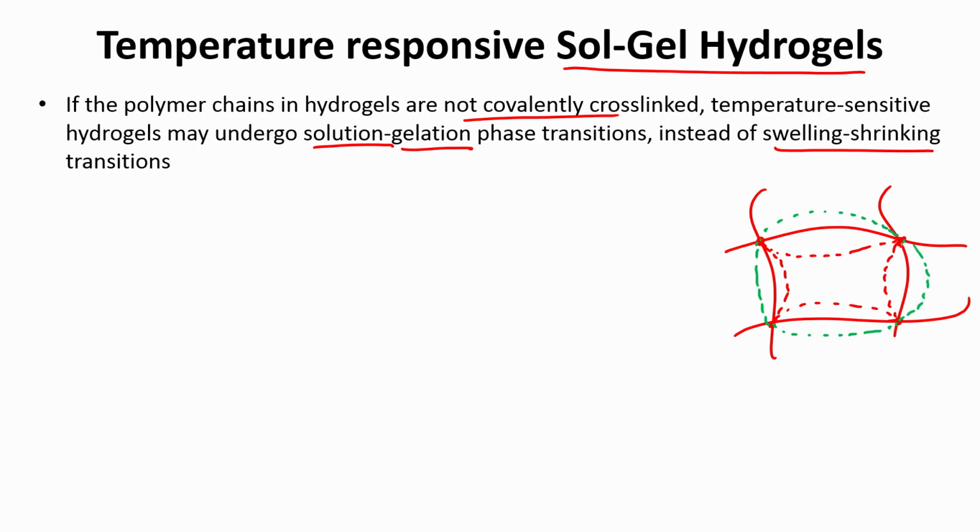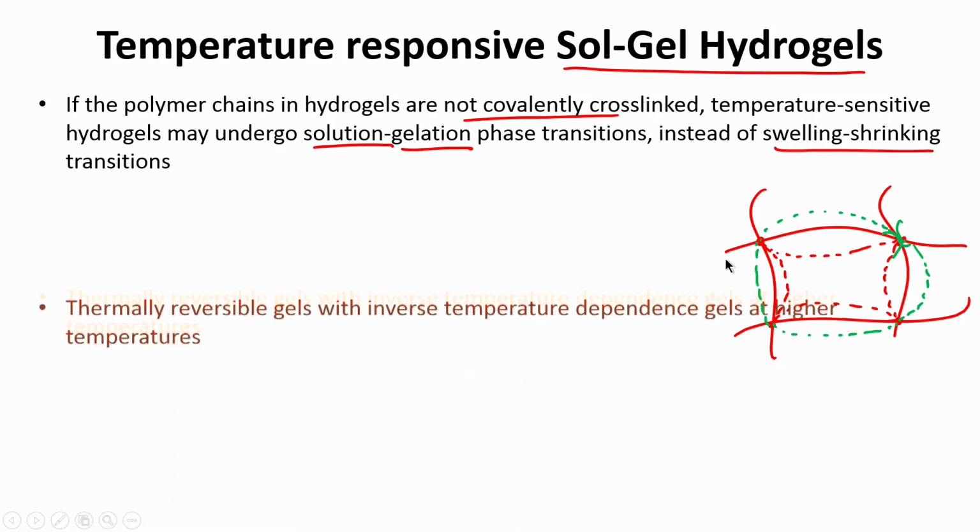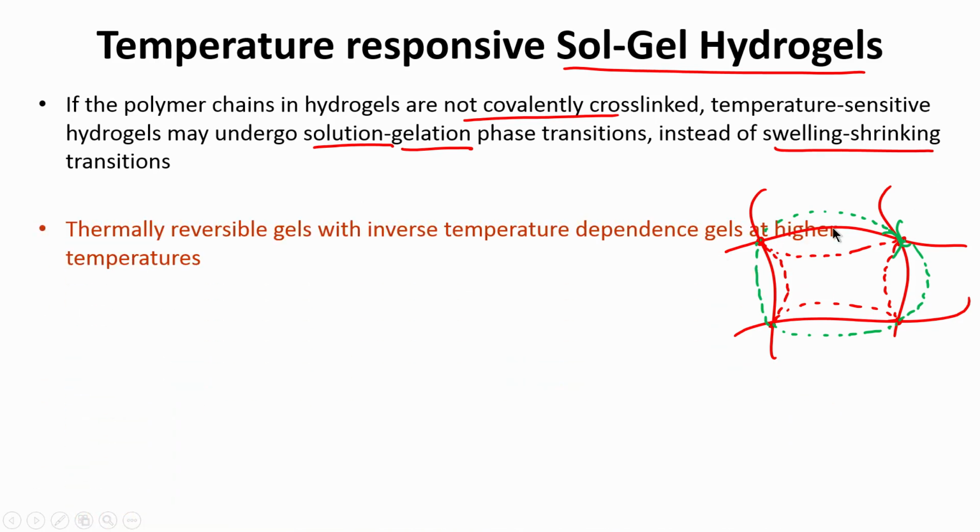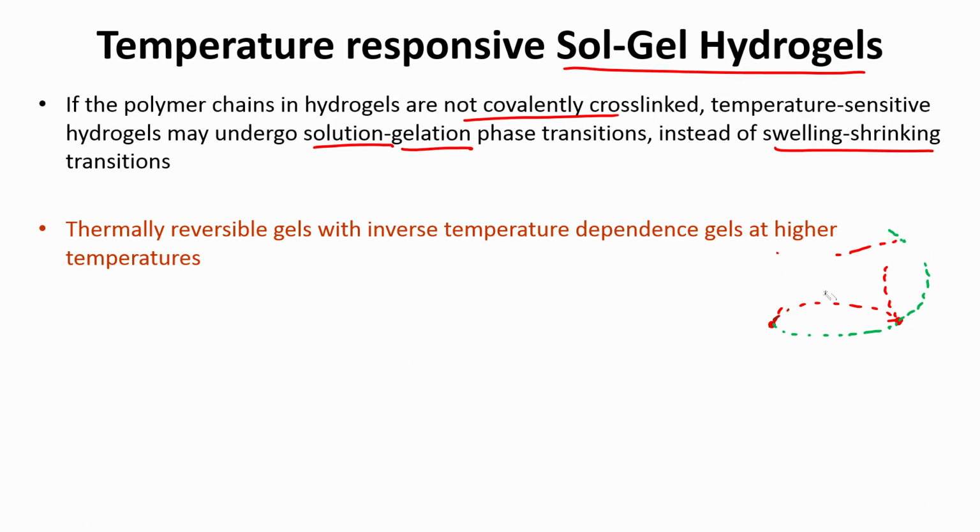But then what if these bonds do not exist, what if this is a physical cross-linking. So, there is no actual bond, they are just tied up in each other. In that case what you will find is that this becomes either soluble or in gelation form depending on what the temperature is. So, this will cause a thermally reversible gelation, and it will have an inverse temperature dependence at a higher temperature.